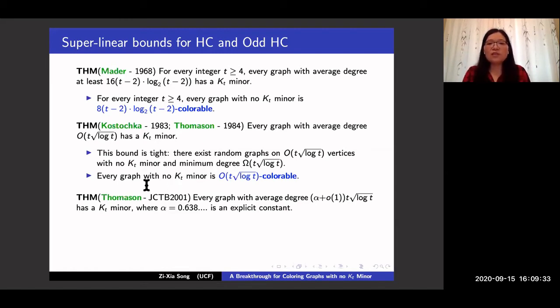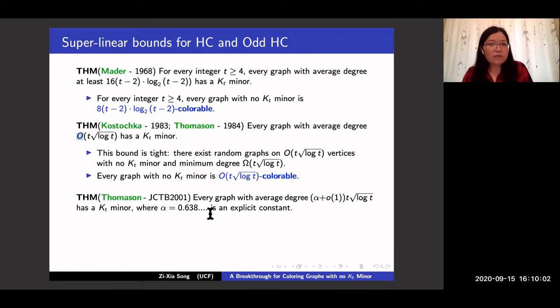So this implies every graph with no K_t minor is big O of t square root log t colorable. This was the best-known bound on the chromatic number for such graphs. And Thomason later completely determined the constant inside here. He proved that this alpha is roughly 0.638.